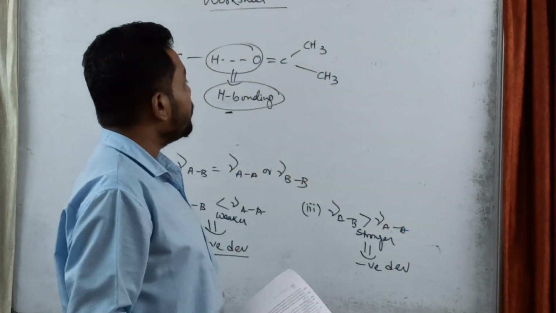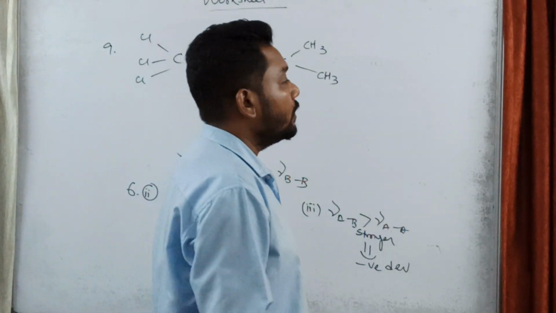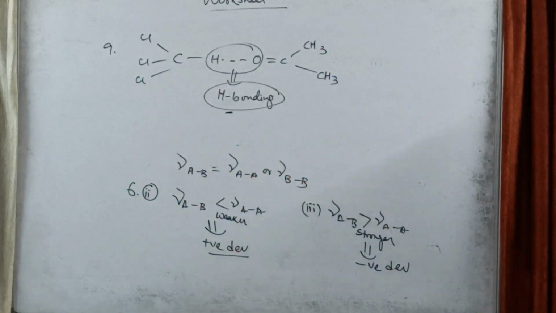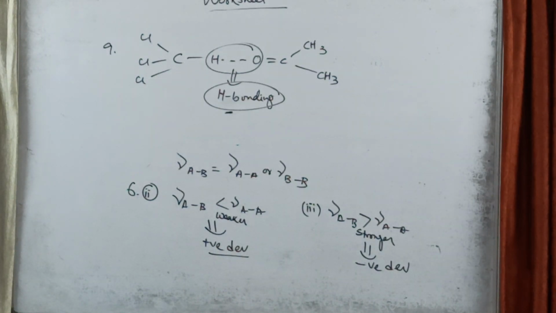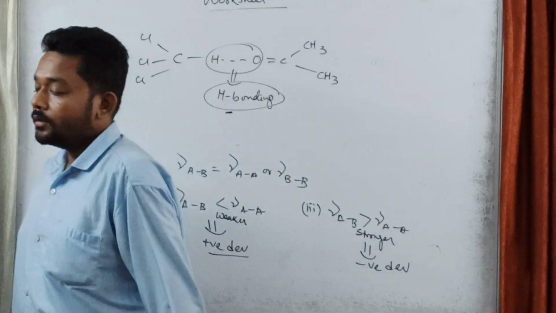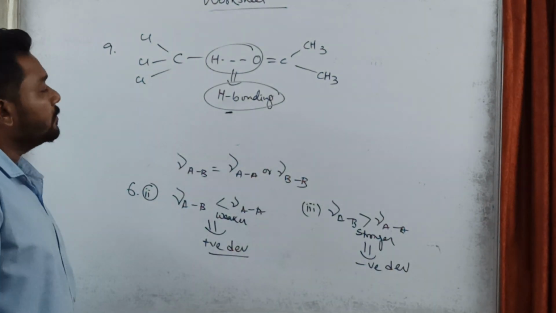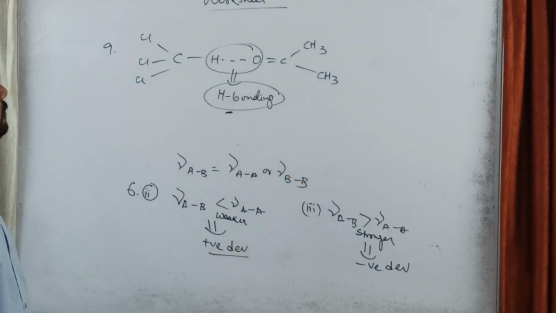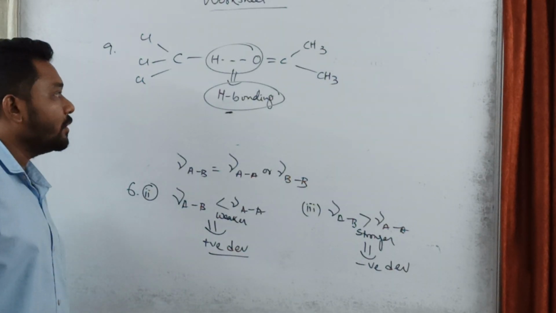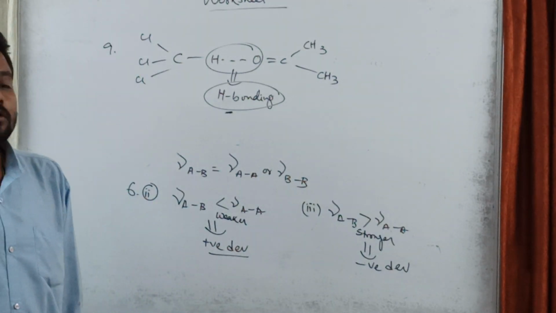So write down question number 9. In case of chloroform and acetone mixture, there is a hydrogen bonding in between hydrogen of chloroform and carbonyl oxygen of acetone.